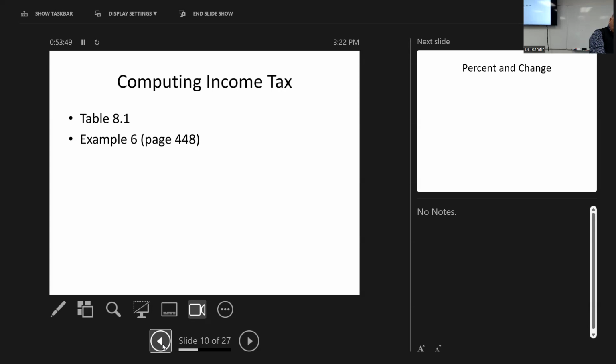Are you guys following? You see what the book is doing. So you do all those calculations, and the tax computation finally is $6,943.75.